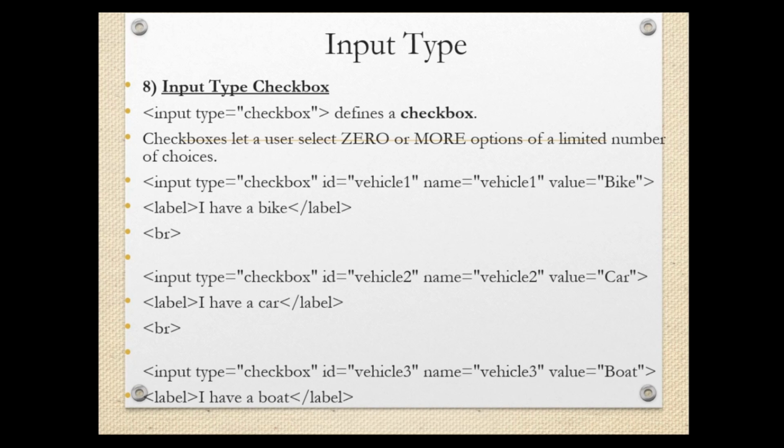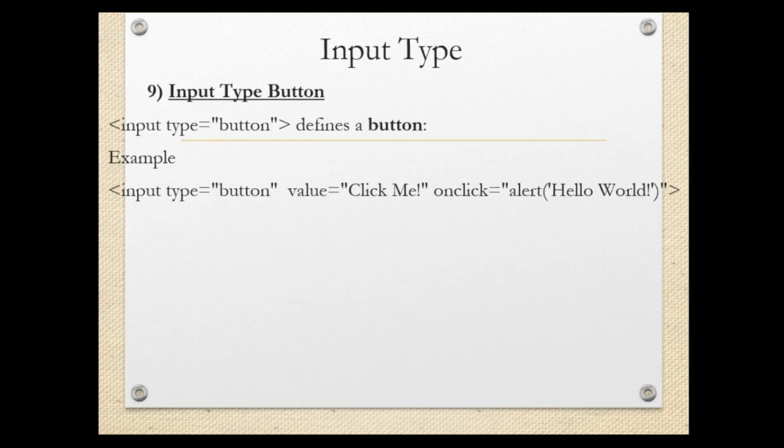The example is: input type equal to checkbox, I have a bike. Second one, input type equal to checkbox, I have a car. And input type equal to checkbox, I have a boat. So you can select multiple options at the same time. That means a user can have a bike also, he can have a car also, and he can have a boat also. So multiple selection can be done at the same time by using checkbox.